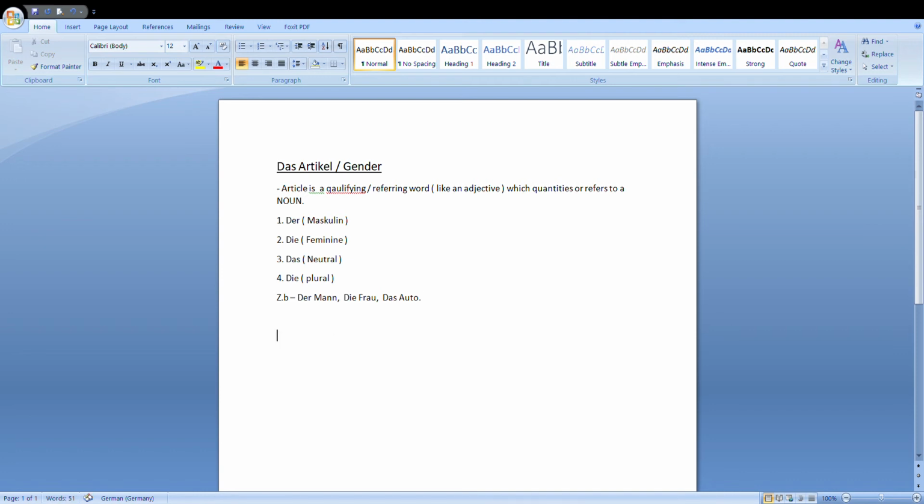Next, the types of articles. Now we look at the types of articles. So there are basically two types of article.